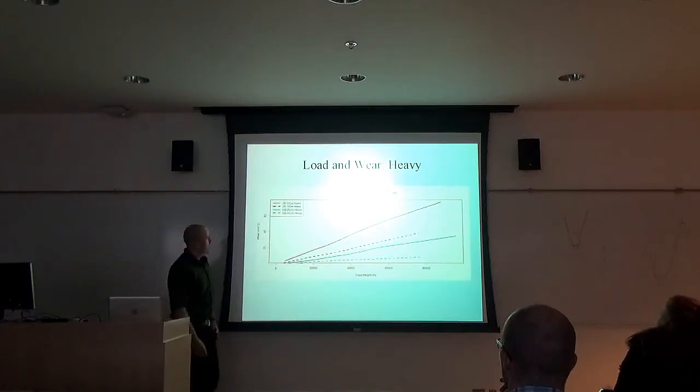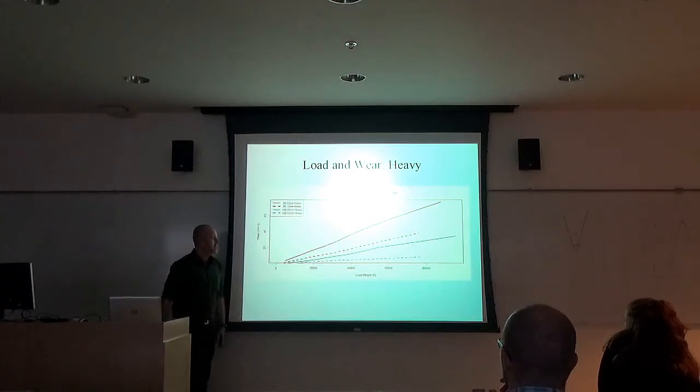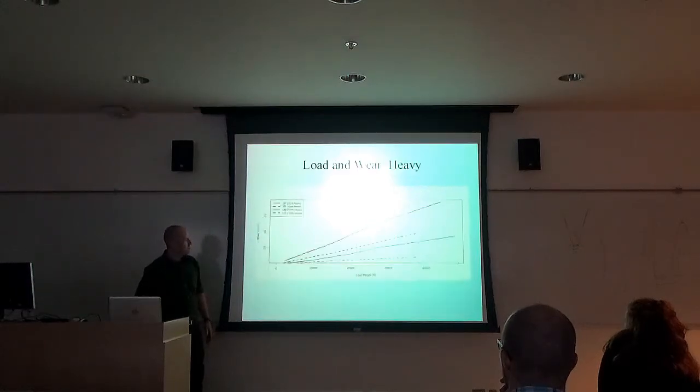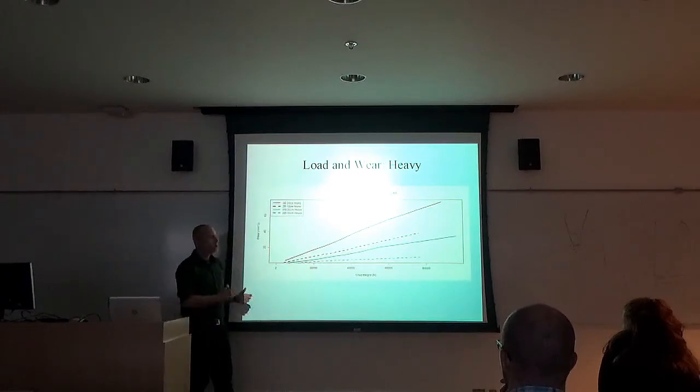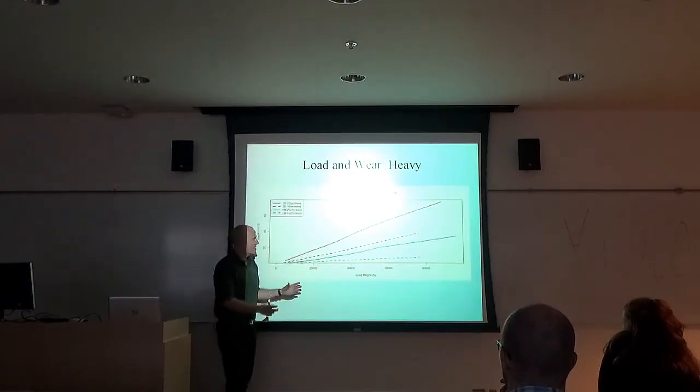So that bounces over here to the cumulative load index and the wear again. This is the heavy stuff, so it's the same as these plots, except this time it's the load integral cumulative over each experimental set.